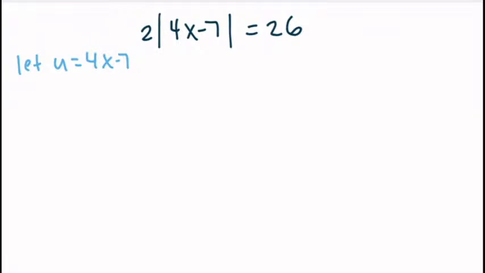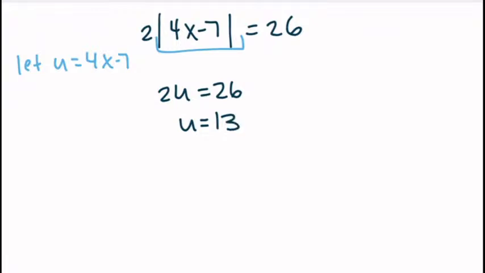So u is going to replace this absolute value if it makes it easier for you. So it's just going to be 2u equals 26. Now you just solve this like any other equation with a variable. You divide 2 on both sides and you get u equals 13.